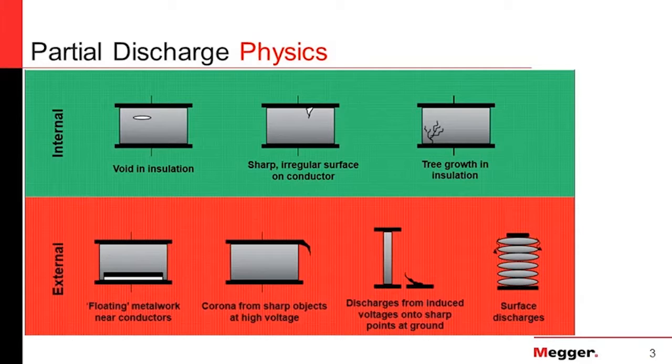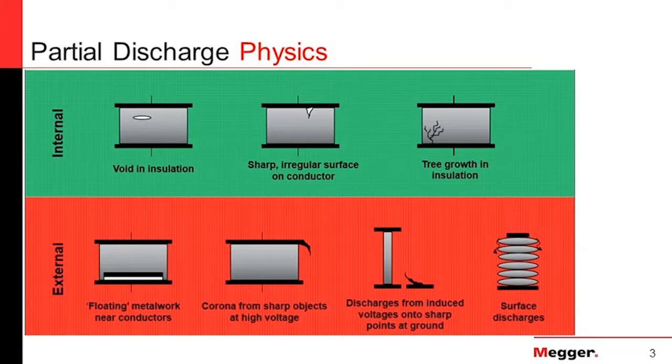They can be sharp, irregular surfaces on your conductors. They can be electrical treeing inside the insulation, for many reasons. Or they can be external, from floating metal, from sharp points at the positive conductor or at ground level, or they can be surface discharge.